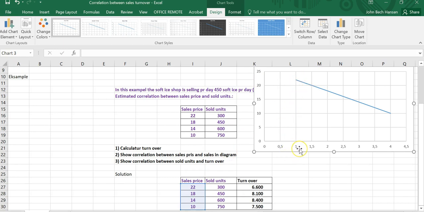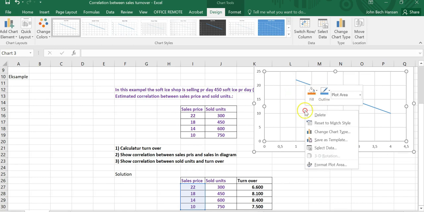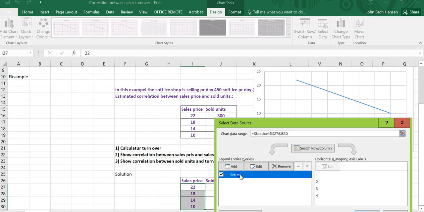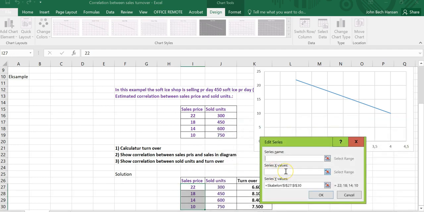And then Excel, clever as it is, puts in the running numbers 1, 2, 3, 4. I just have to change that now by right-clicking here in the diagram and saying select data, because I would like to edit this. And here you can see a nice thing, because you can manually type the X values and the Y values and put in series names.